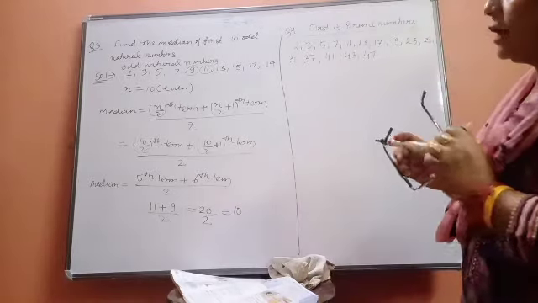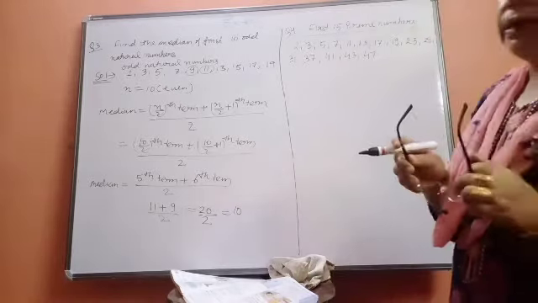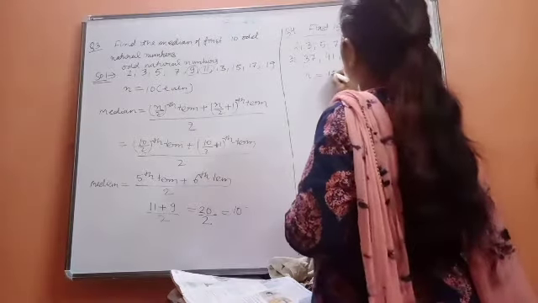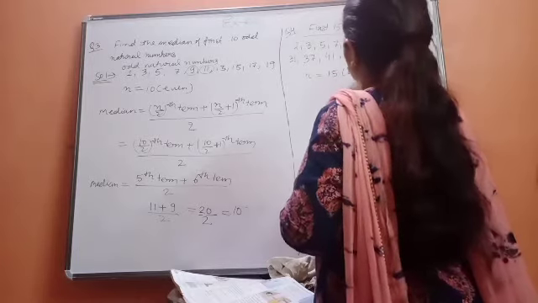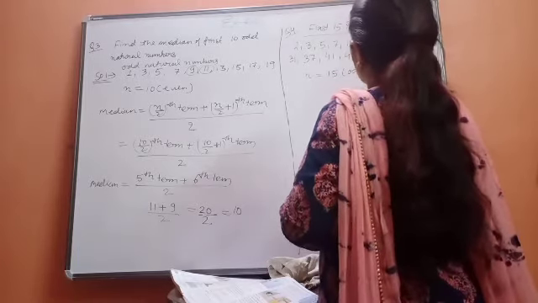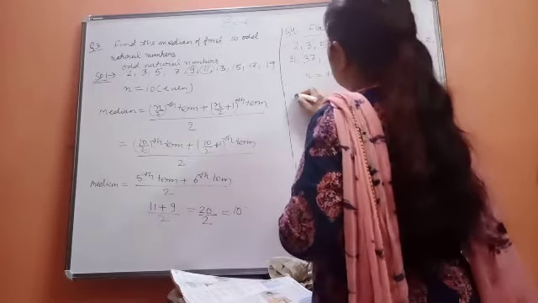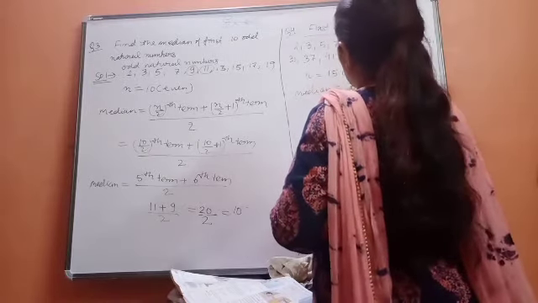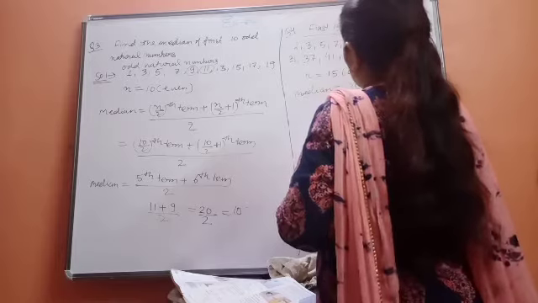Now we have to find the median of these 15. So n is equal to, beta, the numbers are already arranged in ascending order, so no need to arrange them now. N is equal to 15. So 15 is an odd number, and for an odd number another formula is there. So median is equal to (n plus 1) upon 2 th term.